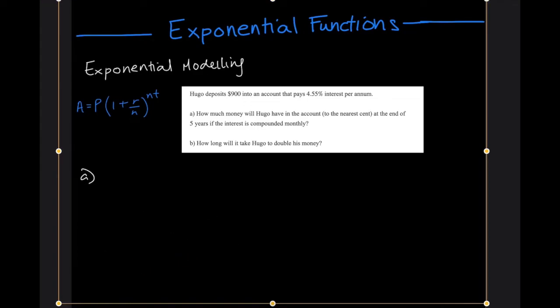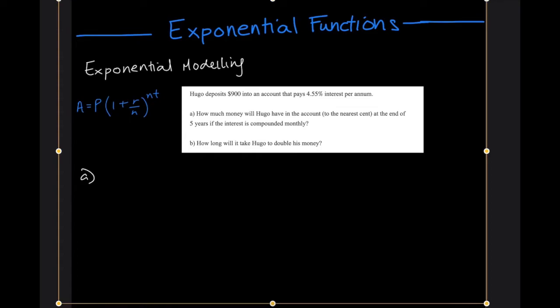Part B is a little bit more lengthy. So we need to figure out how many months it will take for Hugo's money to be doubled. So it's 900, and we basically need it to be 1800. And we need to find the amount of time it's going to take. So we can still form an equation using the formula.